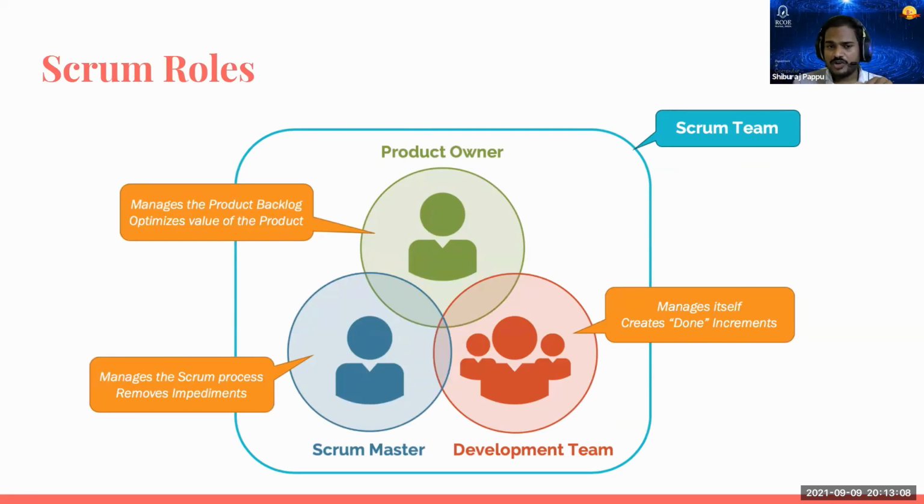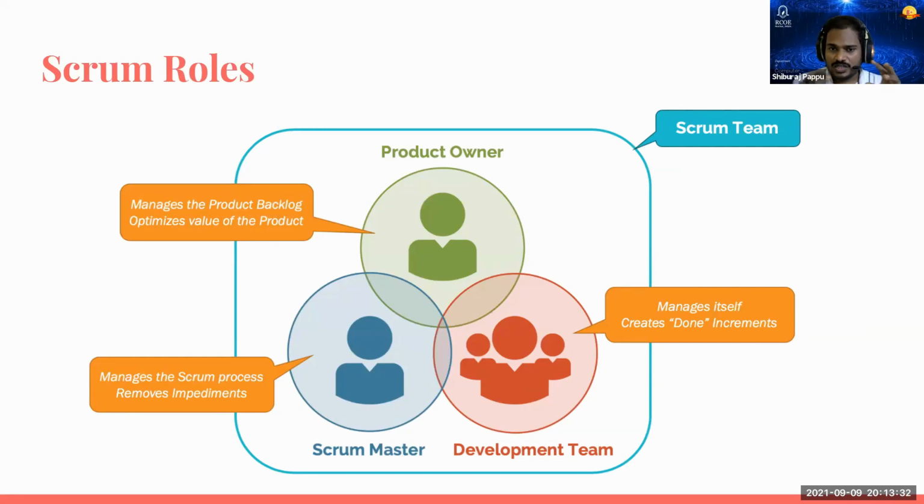Now who is the product owner? The product owner is a person who understands the customer. Obviously, product owner does not mean that he owns the product. He is basically a representative of the customer, because the customer may not know how to use the software, or may not be in the company.